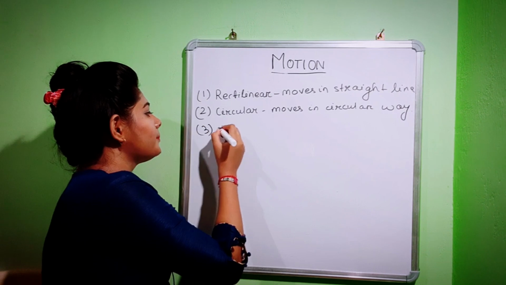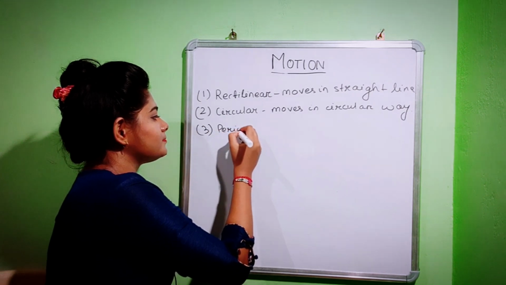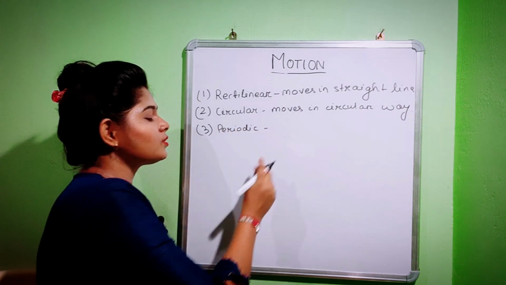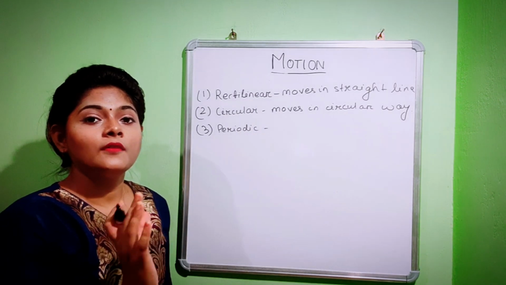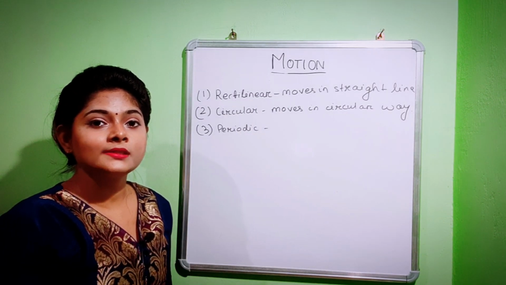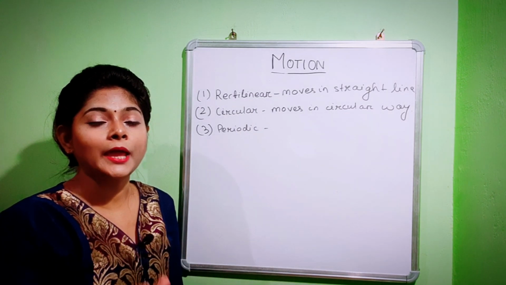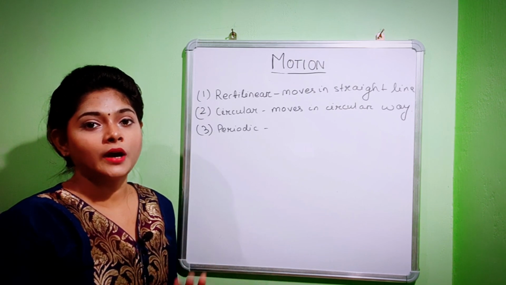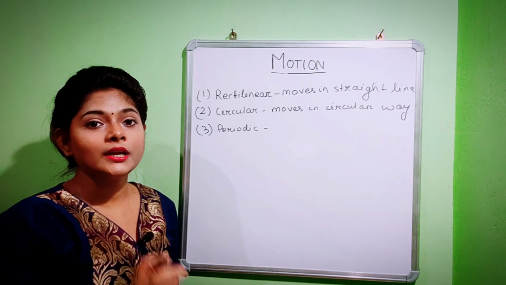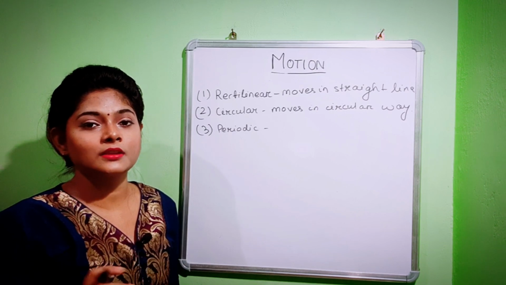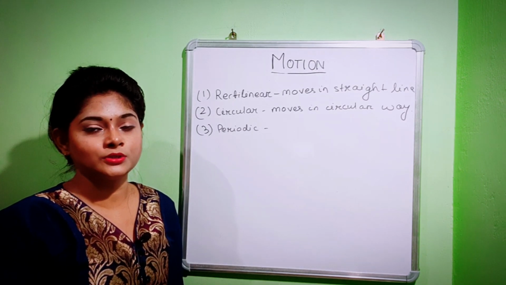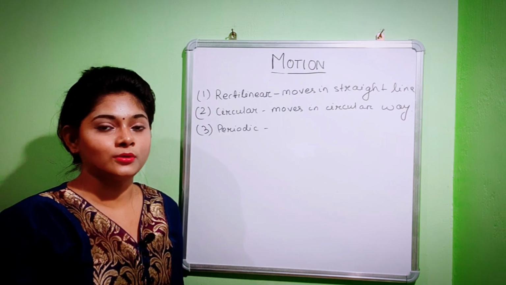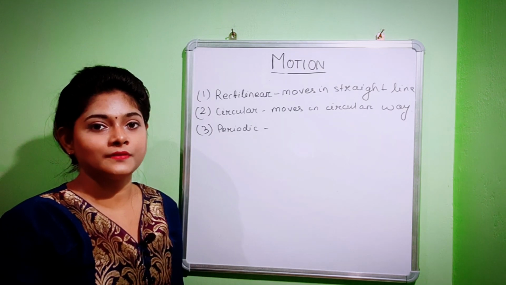Third one is periodic motion. So what is periodic motion? When an object moves in a certain time period. For example, the revolution of Earth around the Sun. It takes exactly 365 days to complete one revolution, and it is moving like that only. 365 days, one revolution.